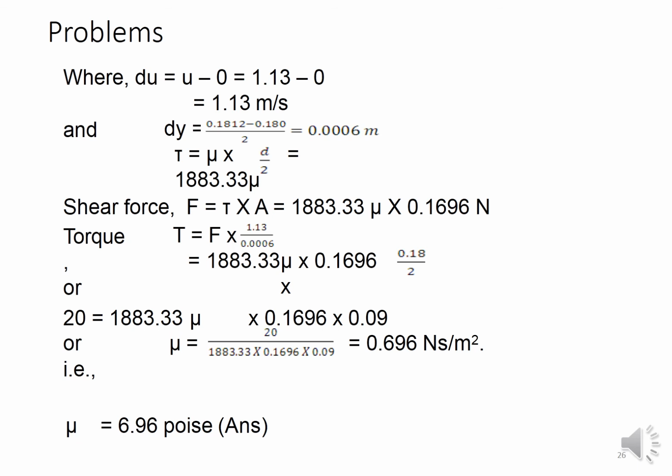Torque is force into distance. Force is equal to tau into area. So tau is given on the top, and the area is 0.1696, so the force is in Newtons. Then the torque is force into D by 2. And so mu comes around 6.96 poise.